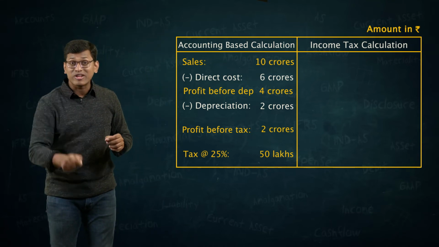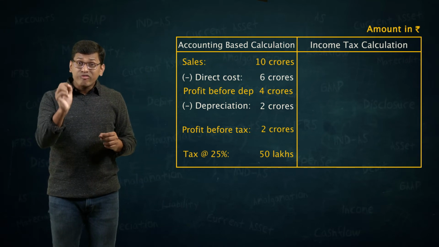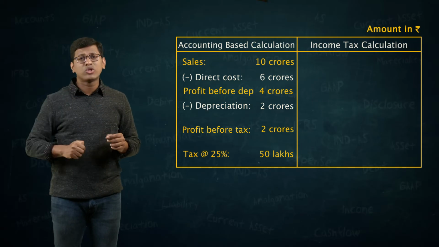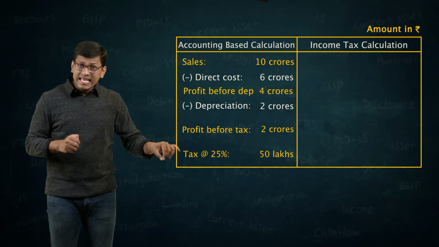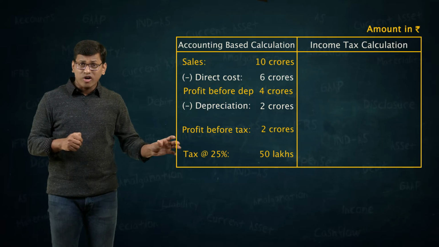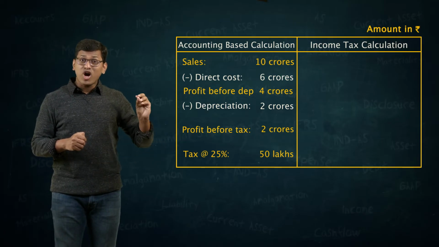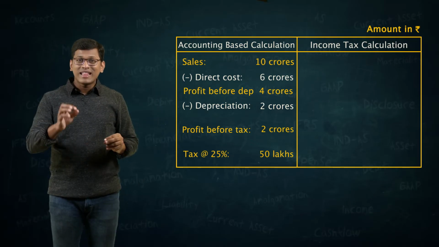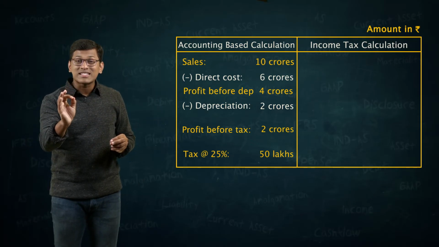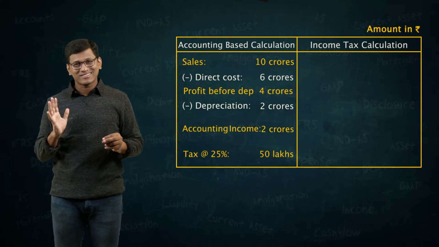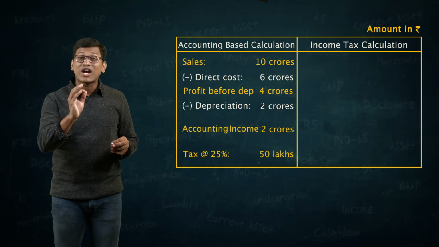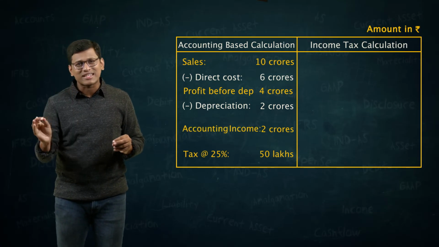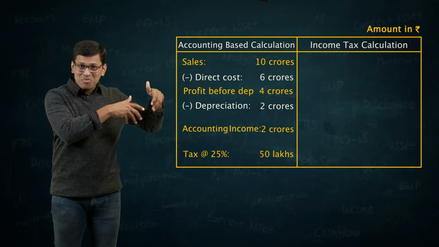Now listen carefully, friends. There are a few terminologies what we have to learn from this. There is something called as profit of 2 crores. That profit of 2 crores is based on accounting calculations. That profit is called as accounting profit. Okay, so we call it as accounting income in our accounting standard. So it is an accounting calculation based profit.